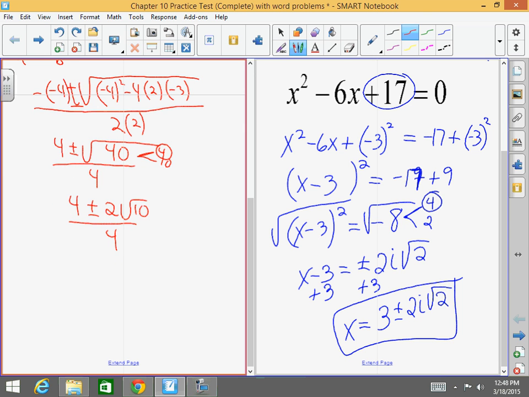Be careful here. This 4 divides to this 4 and to this 2. 4 divided by 4 is 1, so I could put a 1 there. Plus or minus square root of 10 over 2. Only the square root of 10 is being divided by 2 because 4 divided by 4 is 1.